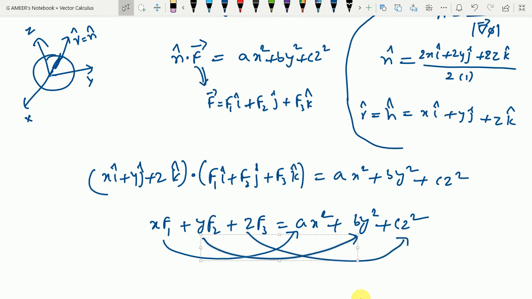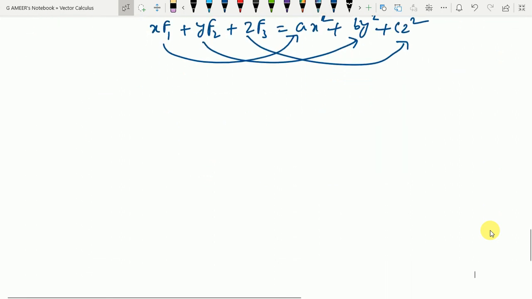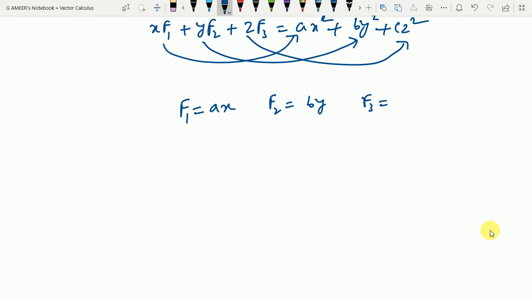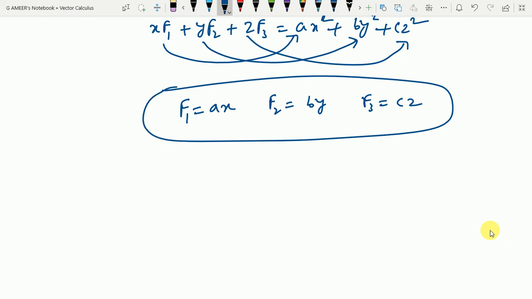So when the components are equal, f1 becomes ax, f2 becomes by, f3 becomes cz.